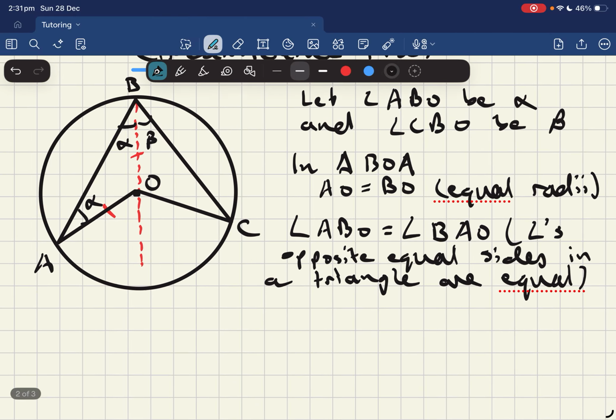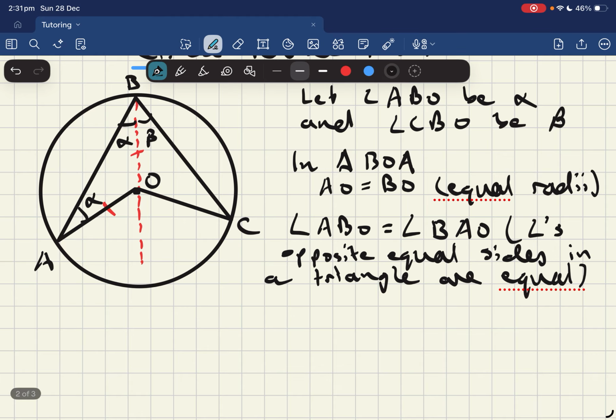Now, similarly, we can say that angle BCO equals angle CBO. So, because we have another isosceles triangle here, we can say that this is angle beta. Now, I've given these different names because we can't assume that these angles are the same. So I'm going to call one alpha, which is one size, and one beta, which is another size.